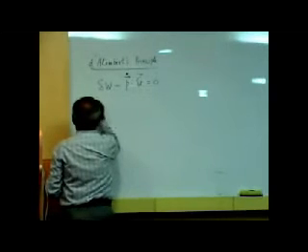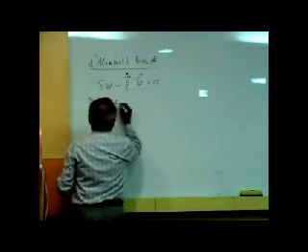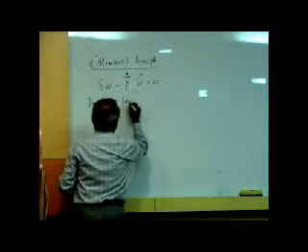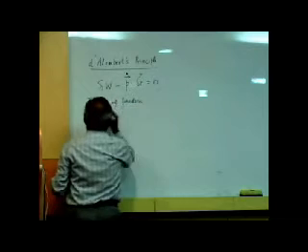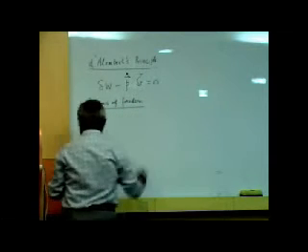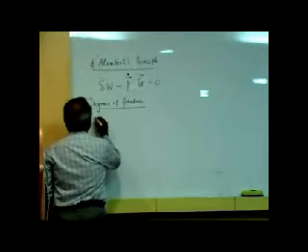Now, the first important concept is degrees of freedom. We have already introduced all this. It is the number of independent variables required to specify the system.